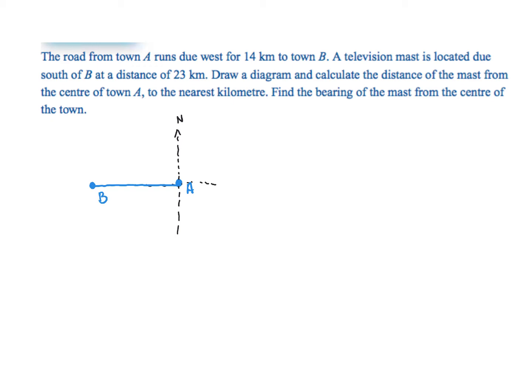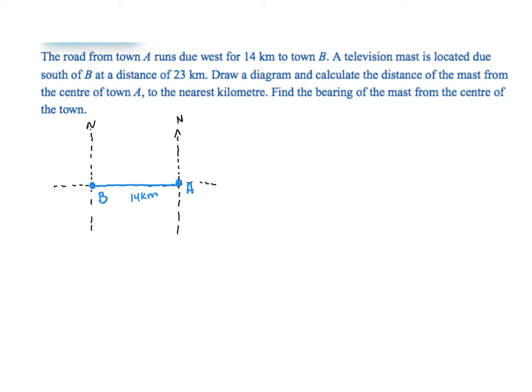And once you get to another point, it's always good to put a little compass in so that you can see. It's mainly so you can see parallel lines and things like that. Now we're going to pop in that's 14 kilometers. Okay, it says a television mast, so it's sort of like a pole or whatever, is located due south of B at a distance of 23 kilometers.